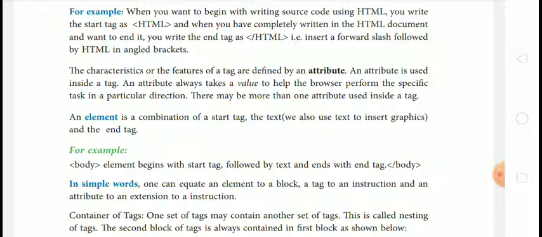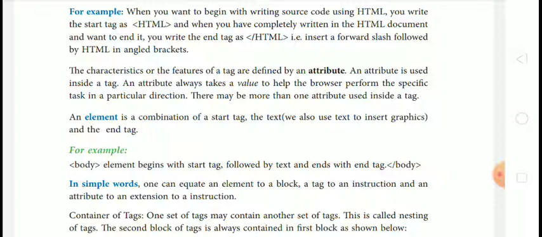The characteristics or features of a tag are defined by an attribute. An attribute is used inside a tag. Means if you want to define any attribute and also give some values to it, we will use it inside the tag.